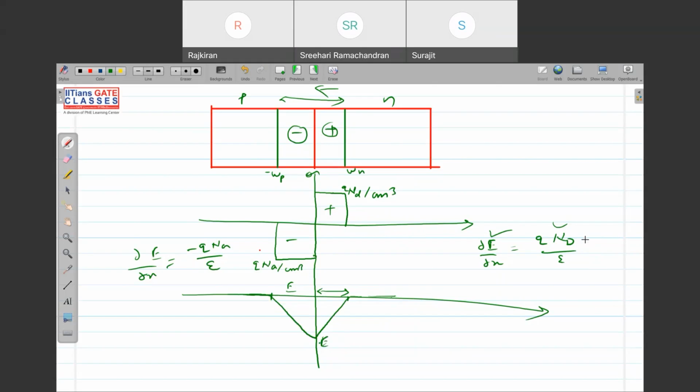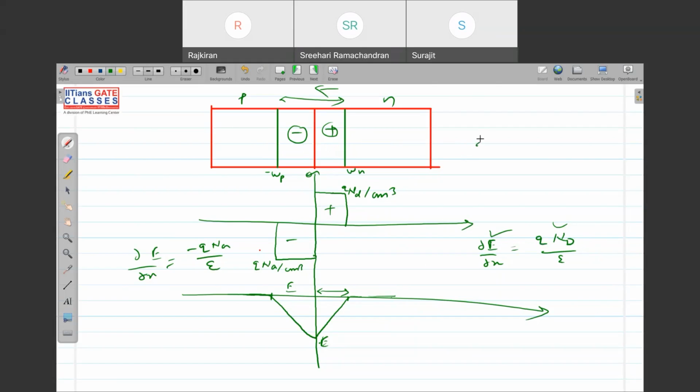So this ensures that these two lines cut at x equal to 0, because the electric field should be continuous, right? There cannot be a discontinuity in the electric field. We have a built-in potential, right?